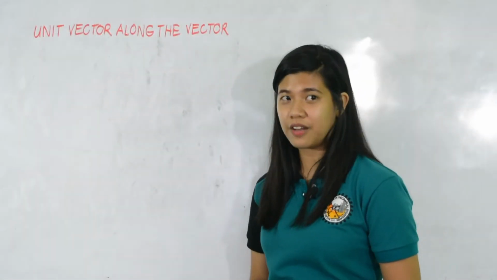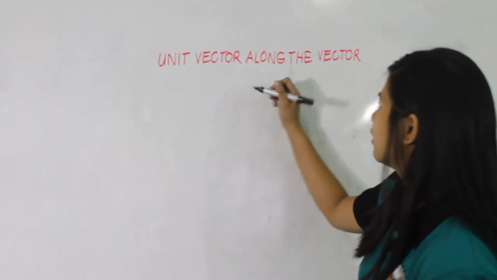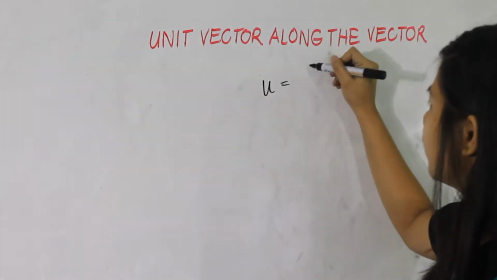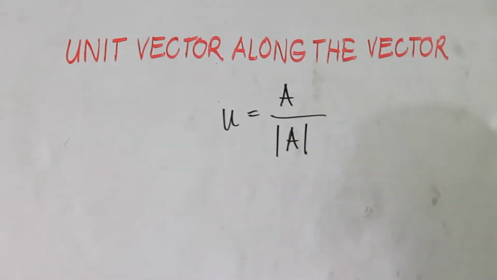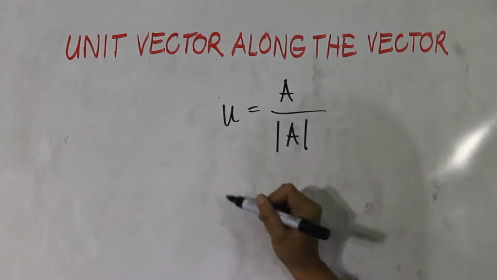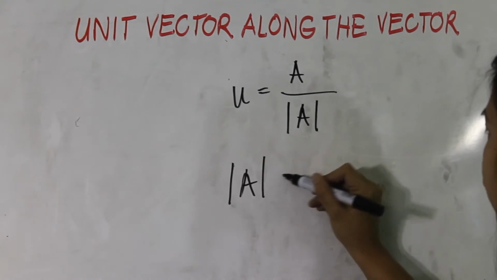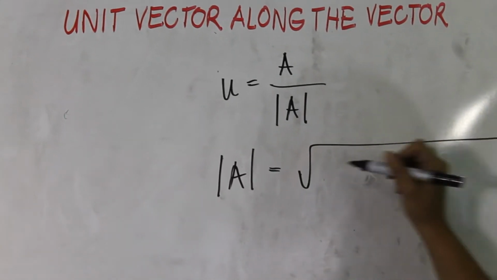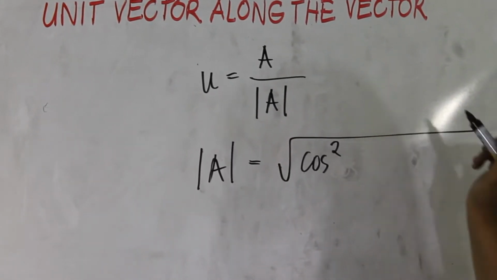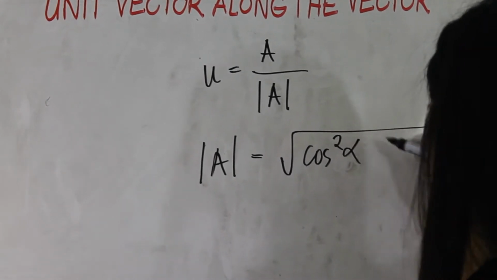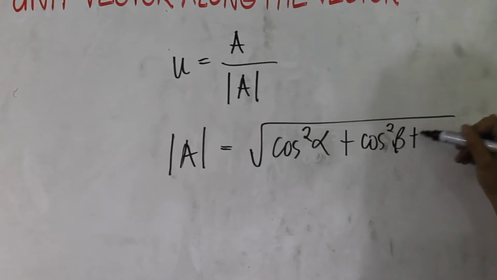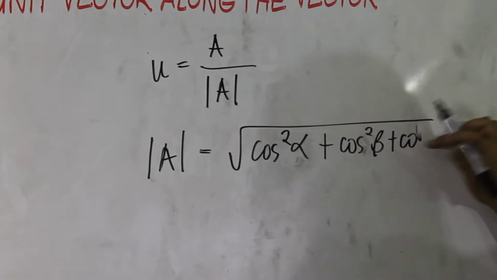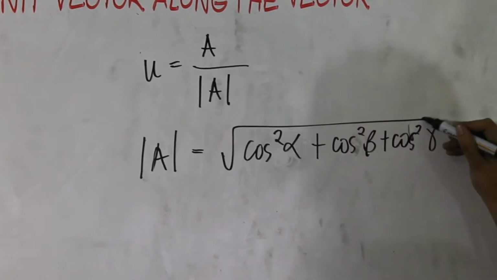Now let's go to the unit vector along a vector. The unit vector is equal to the vector over the magnitude of the vector. We recall that the magnitude is the square root of cosine squared alpha plus cosine squared beta plus cosine squared gamma.